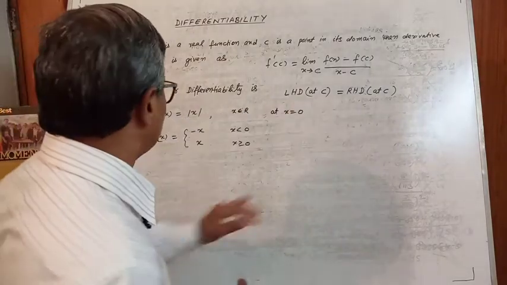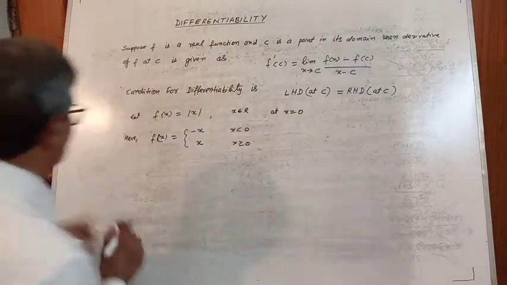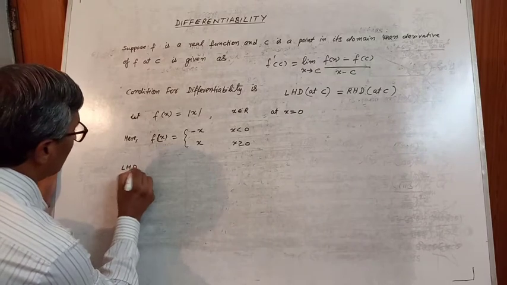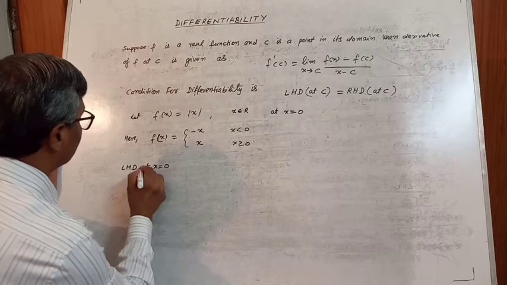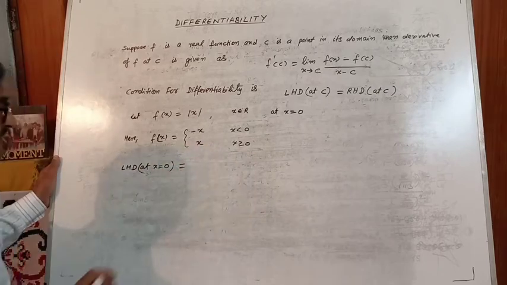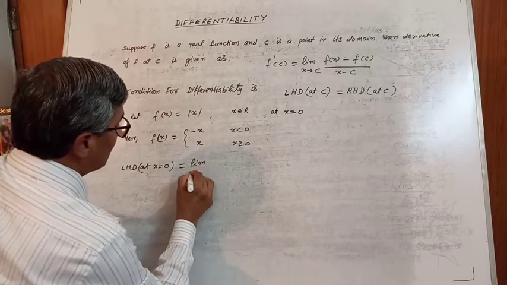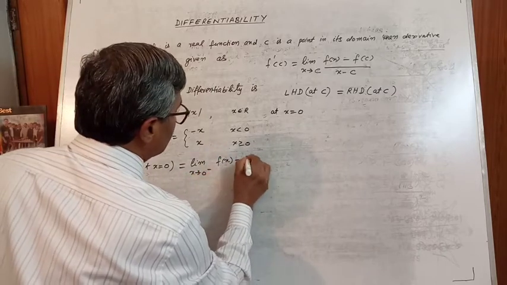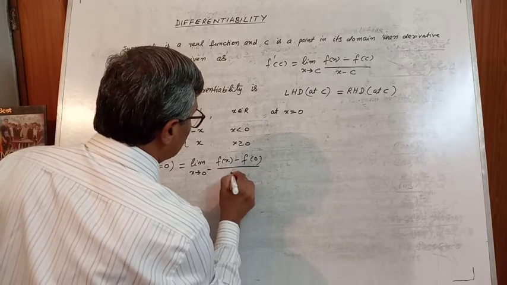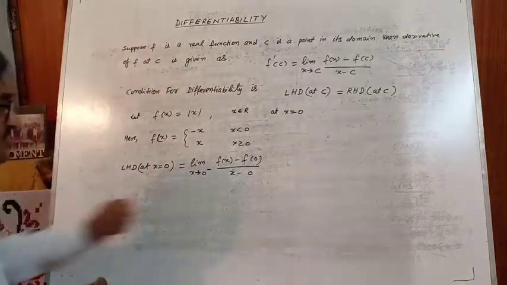Left hand derivative at x equal to 0. What will be the left hand derivative? It is the limit as x tends to 0 minus of (f(x) minus f(0)) upon (x minus 0), where 0 is the point.